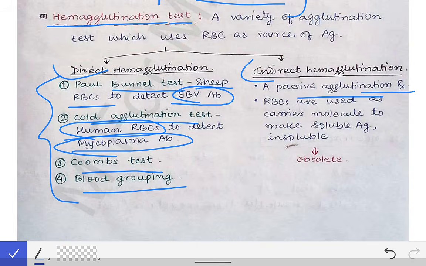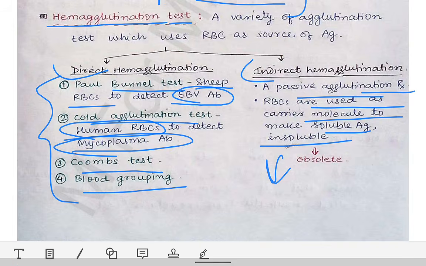The RBCs are used as carrier molecules to make the soluble antigen insoluble, and then it shows the agglutination reaction. That's all about the hemagglutination test.